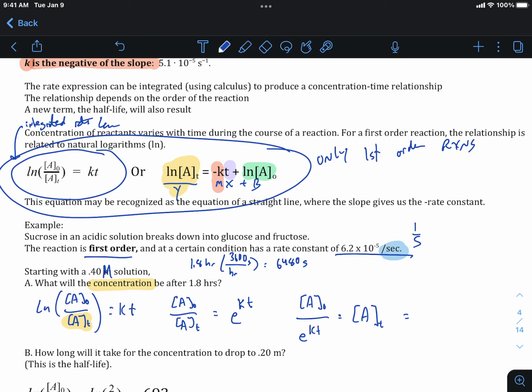Understand how to check this. If you're starting with a 0.4 molar concentration, you should understand that your final concentration should be lower than the original, because we are plotting the concentration of the reactant.